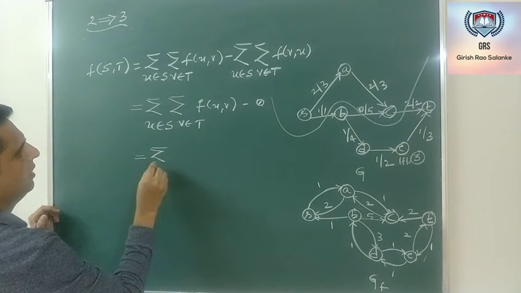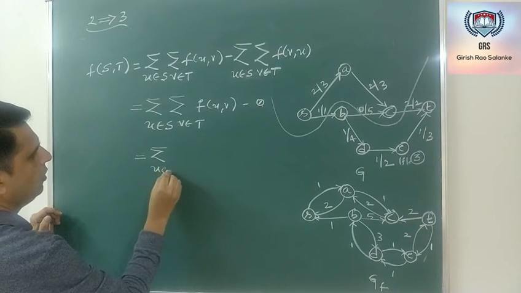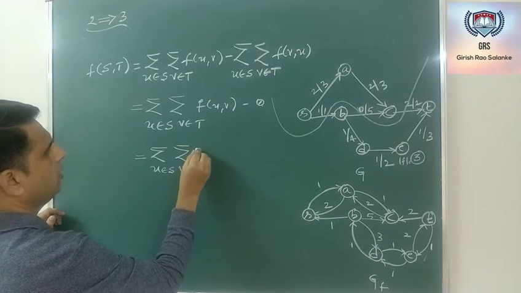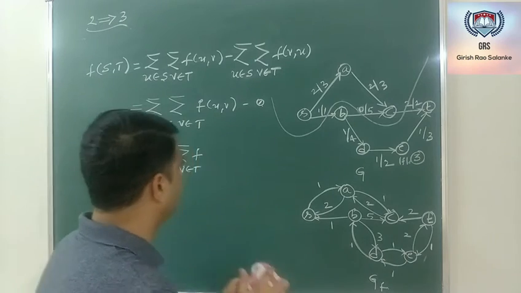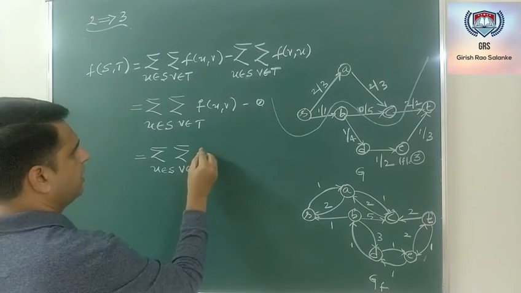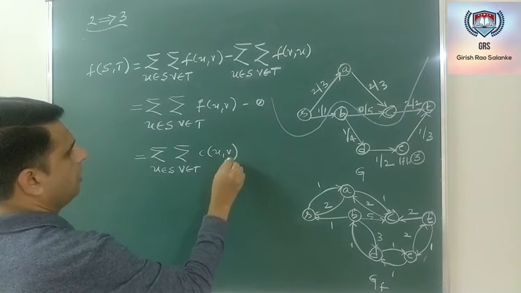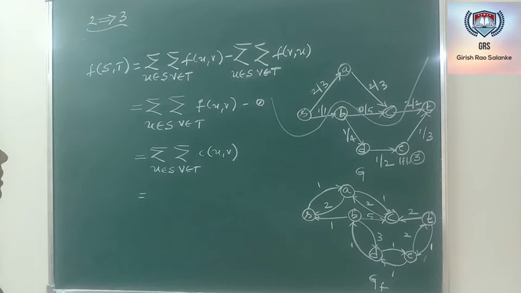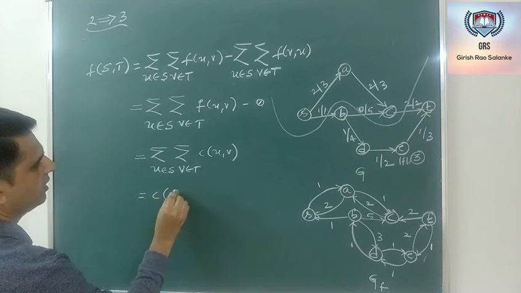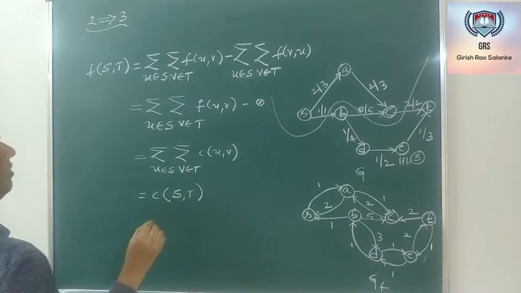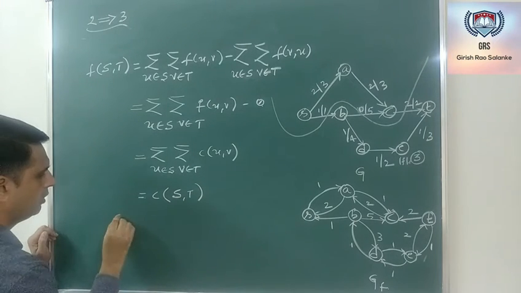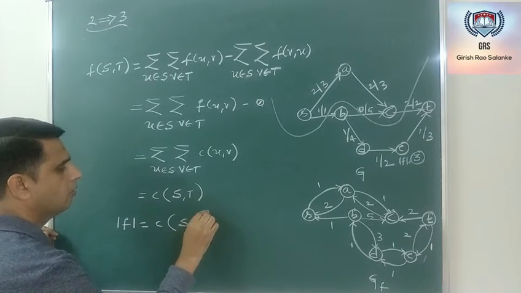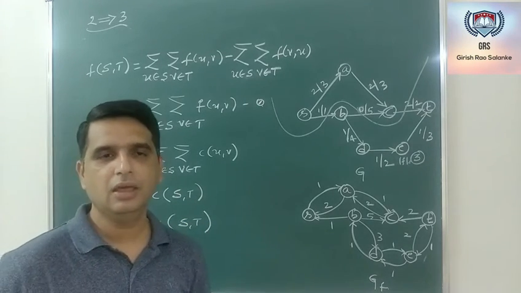So this is nothing but the summation over U in S, summation over V in T, of C of U comma V, rather than writing it as F of UV. This was nothing but my C of ST. So I proved that the net flow is equal to the capacity on the ST cut.